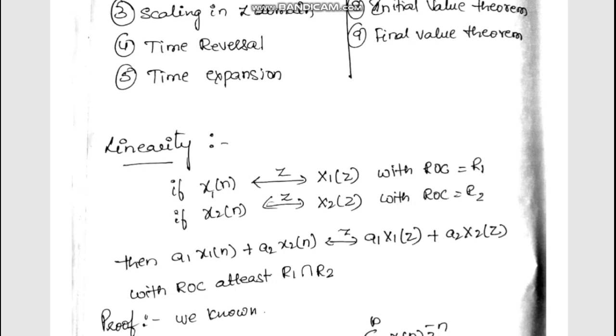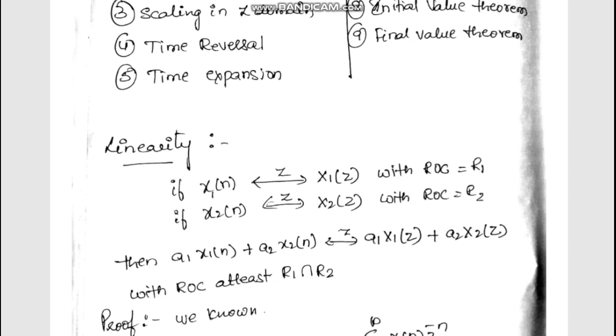So what are the properties that are used in Z transforms? These are the 9 properties. First of all is the linearity property. I told you linearity is mainly based on the superposition theorem. For example, if you take two signals x1 of n and x2 of n, we want to convert these two signals to the Z transform.